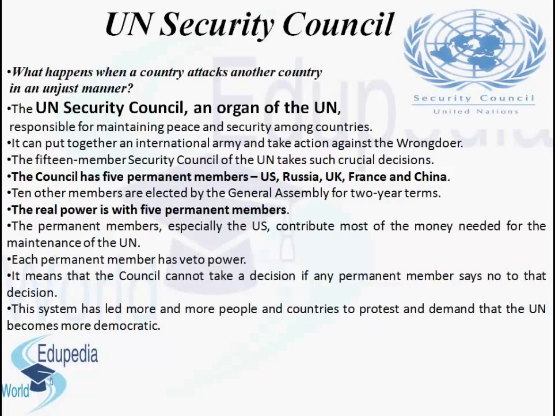And the other 10 members are elected by the General Assembly for 2-year terms. It means the total number of members of the UN Security Council is 15. But the real power remains with the 5 permanent members.